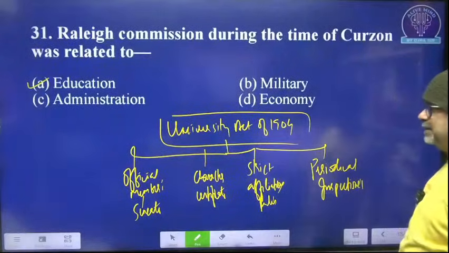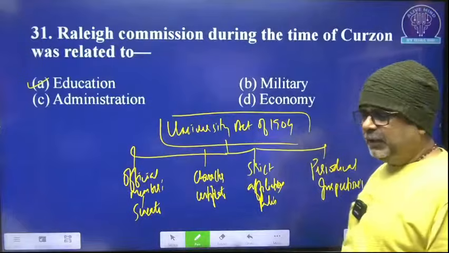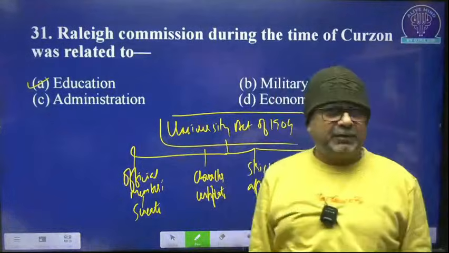These are the features of the University Act, and in this way he tried to control the students from entering into the national movement.